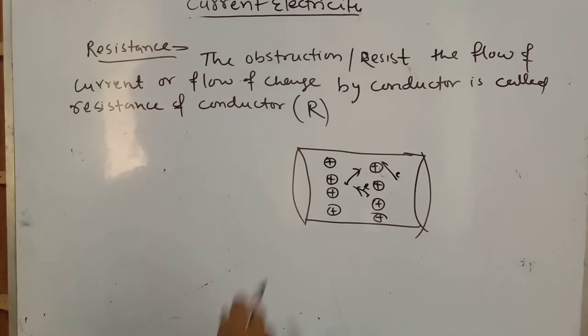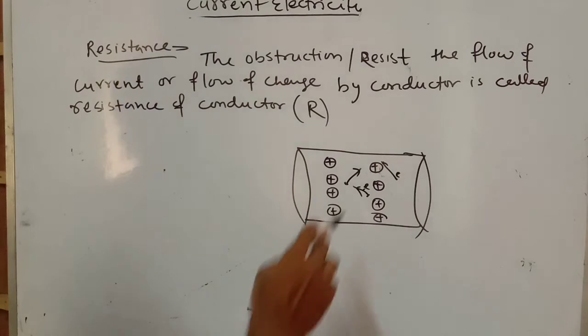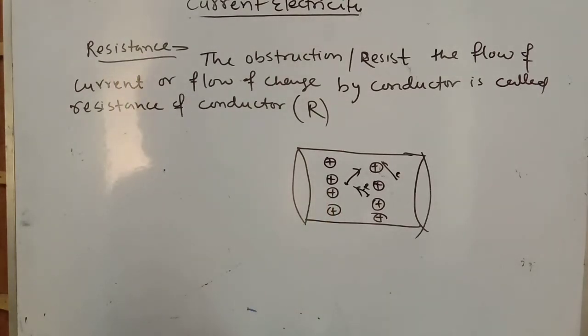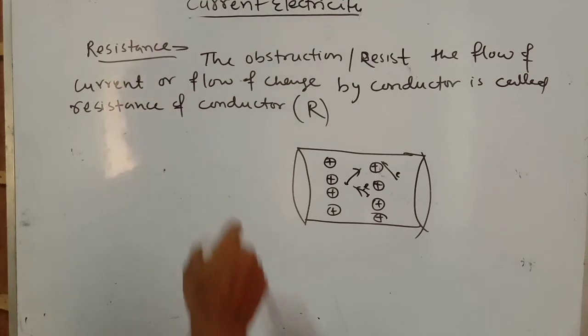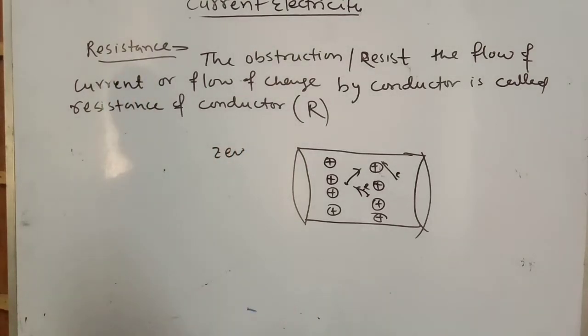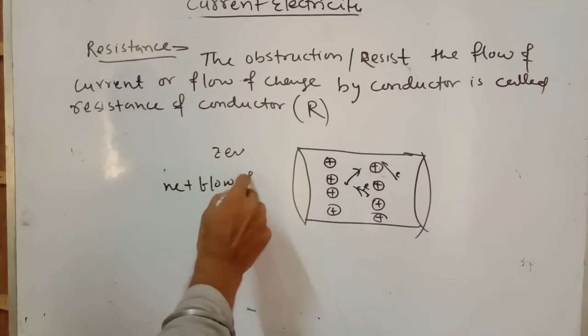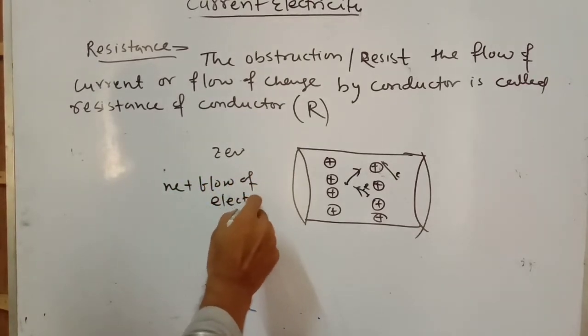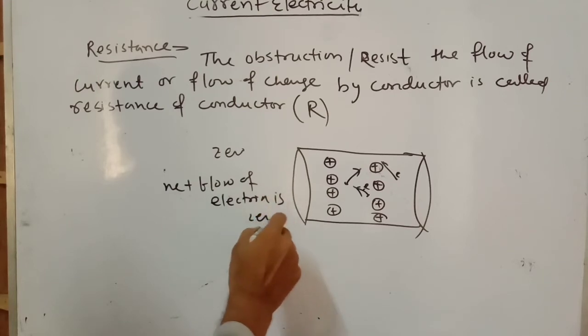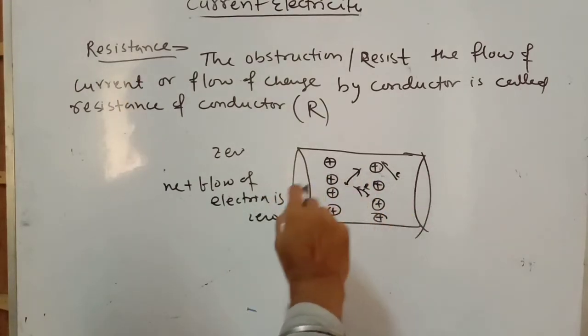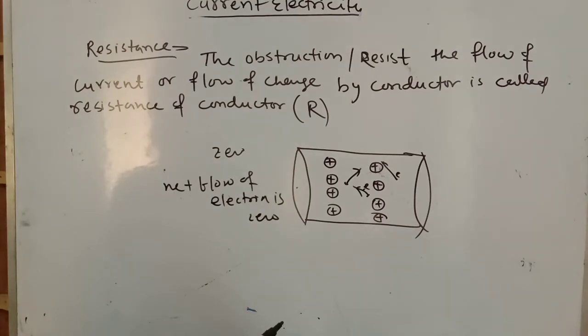When there is no potential difference across this conductor, the average motion of the electrons is 0, so the net flow of electrons is 0.